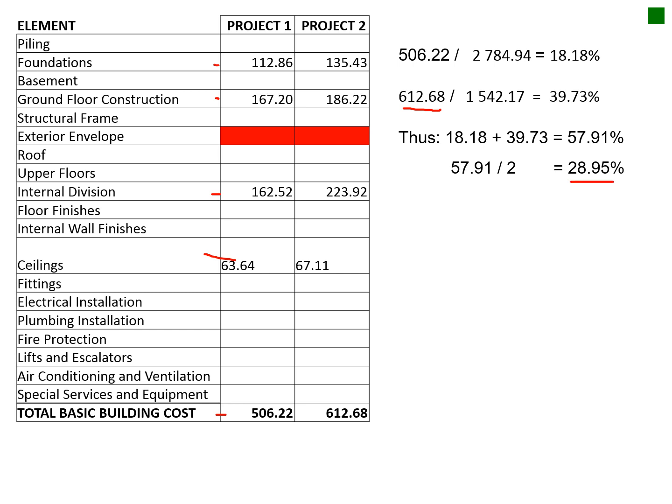It's not the best of examples, it's a very low percentage. Usually you want to have it as high as possible. The higher it is, the more accurate it is. And then you take your parametric cost and you multiply it by 100 over 28.8 to get your new basic building cost. And that's it.